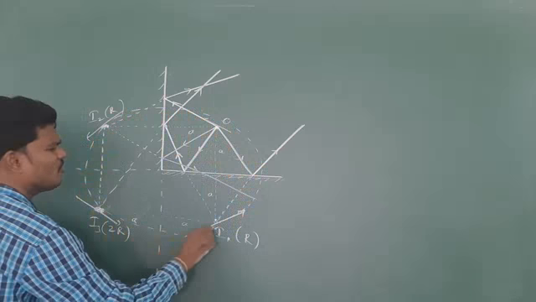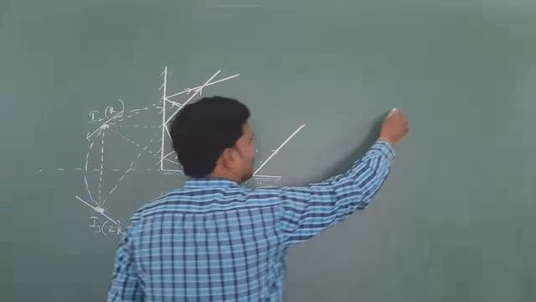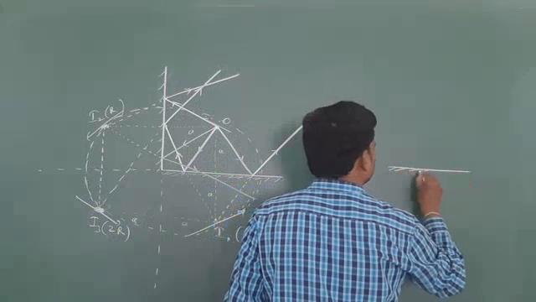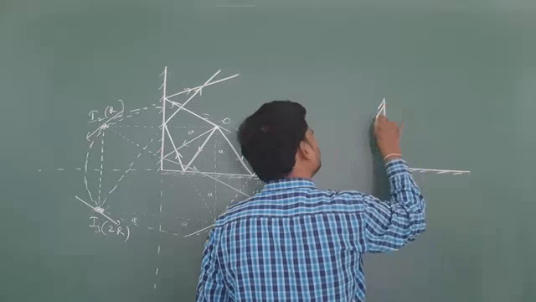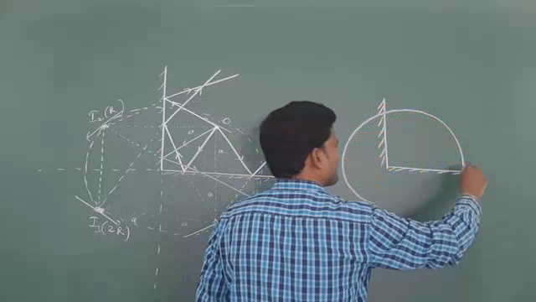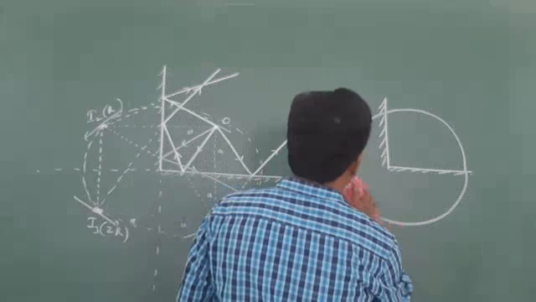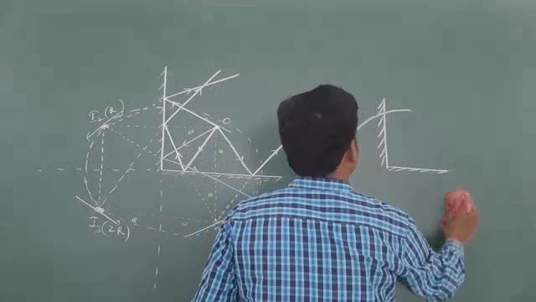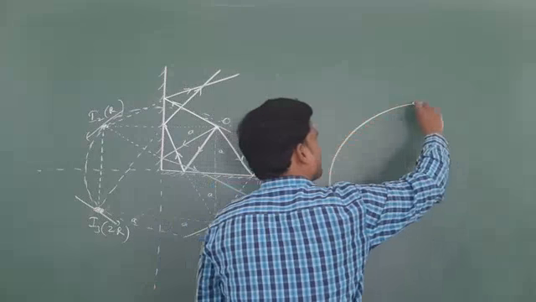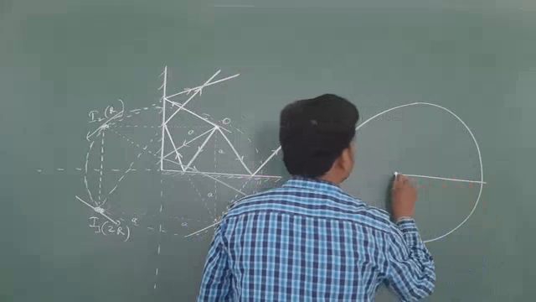All images are formed along the circumference of the circle. Let us suppose the two plane mirrors are, right now I am taking them perpendicular to each other.